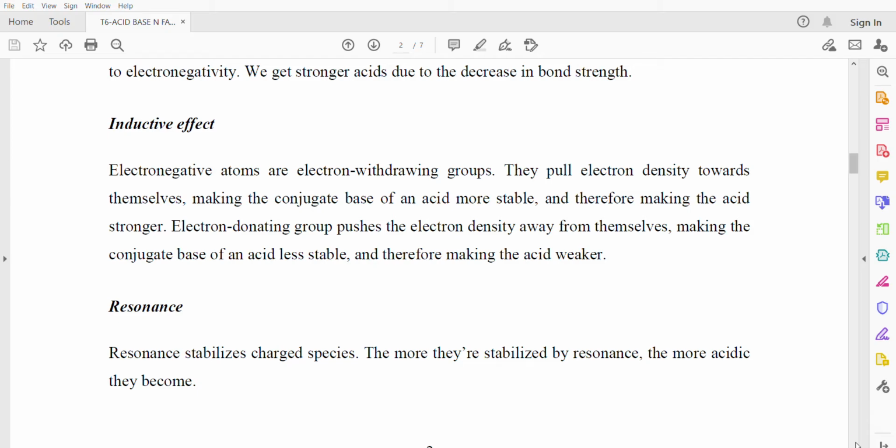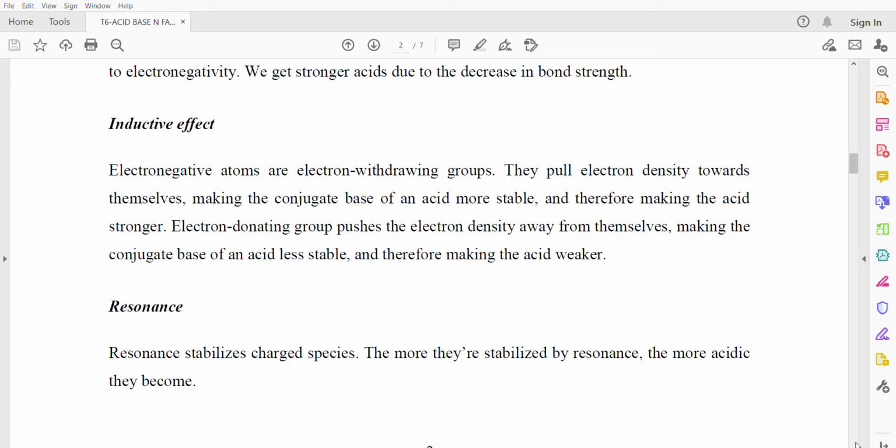You know that this inductive effect might be electron withdrawing or might be electron donating. Electronegative elements have a tendency to attract electrons towards themselves. They are electron withdrawing groups. The pull of electron density makes the conjugate base of an acid more stable.